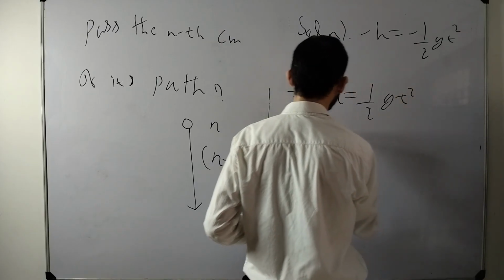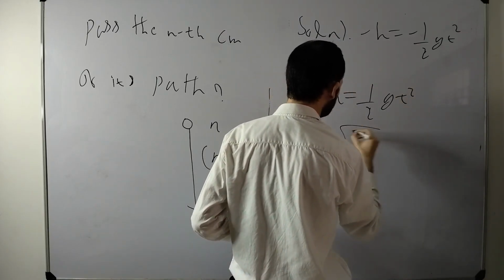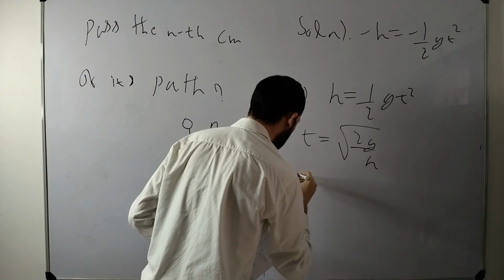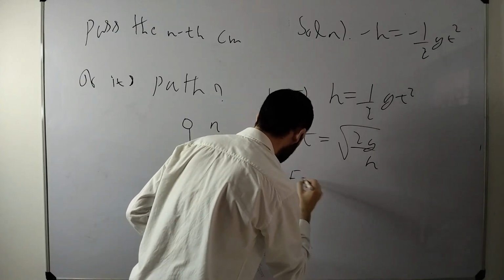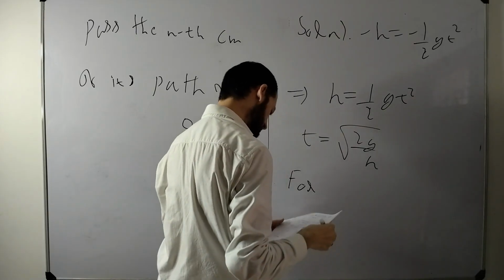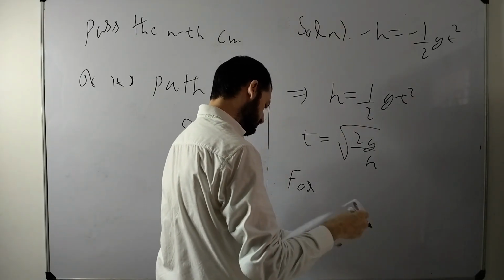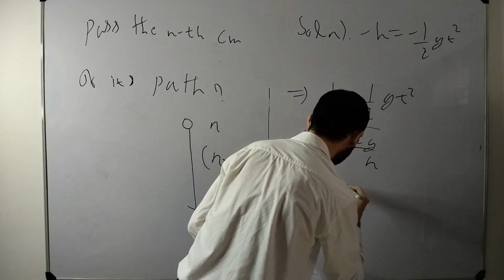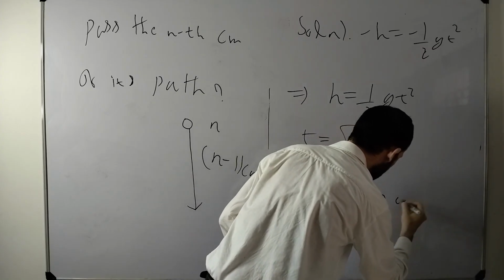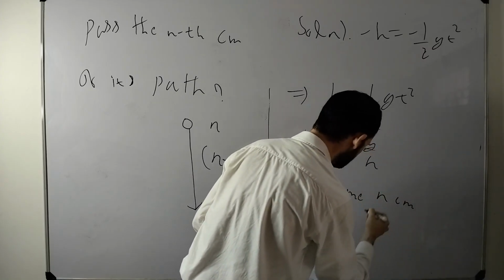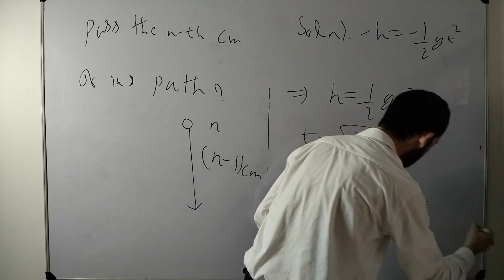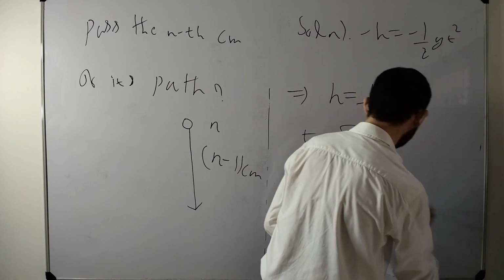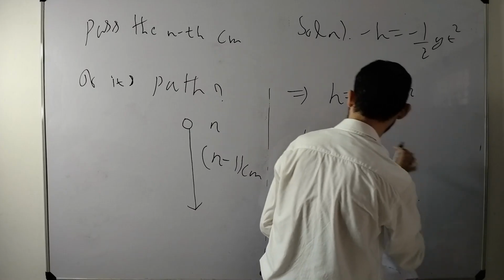This is the equation, and the general formula for t becomes square root of 2h upon g. Now for n centimeter, what does the height become?